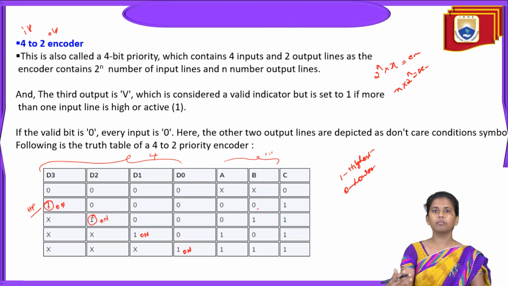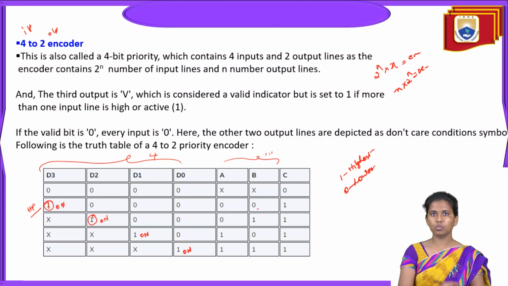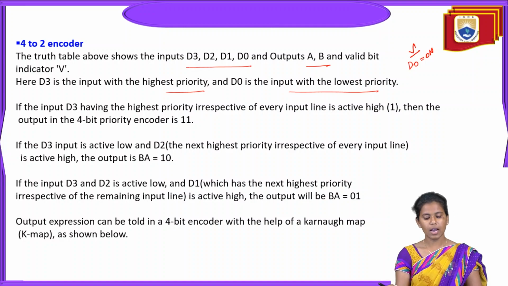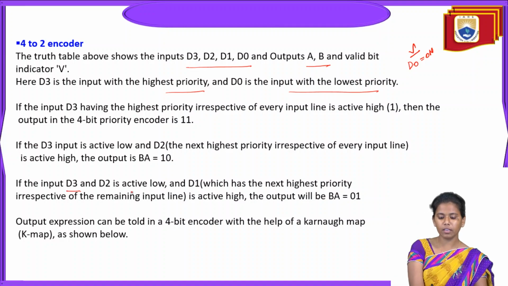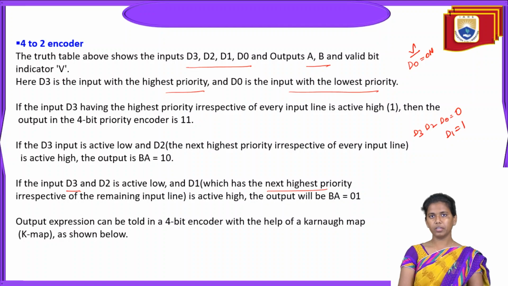Likewise, the highest priority will vary from the first bit to the last bit. And if the inputs D3, D2 are active low, or in the lowest priority, obviously D1 will have the highest priority.